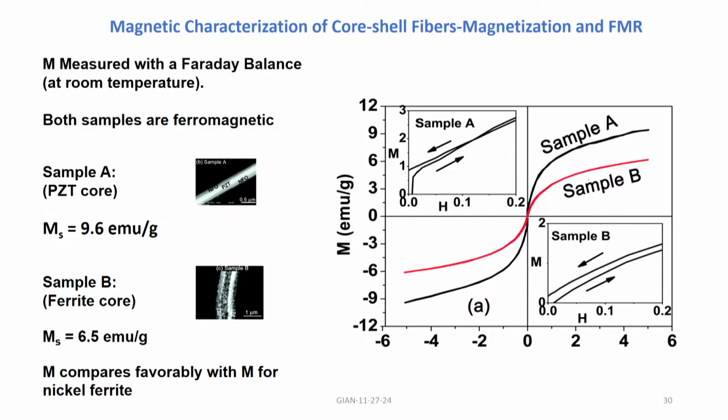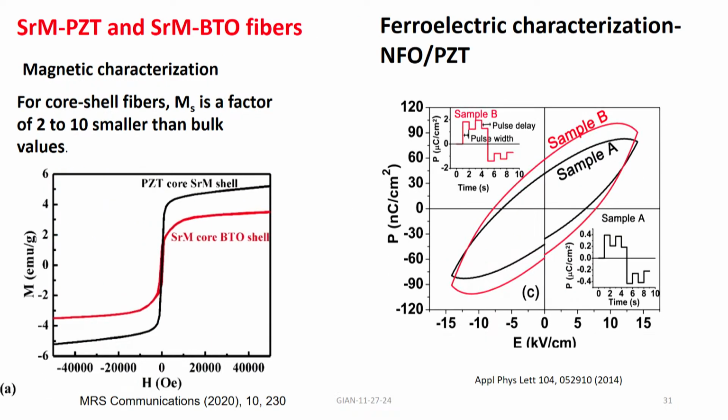This one shows the magnetization versus H for some of these core-shell fiber systems. And these are the polarization versus electric field. And these numbers are pretty small. It's nanocoulomb per centimeter squared. For traditional thin film or bulk PZT or barium titanate, this is 1000 times larger.